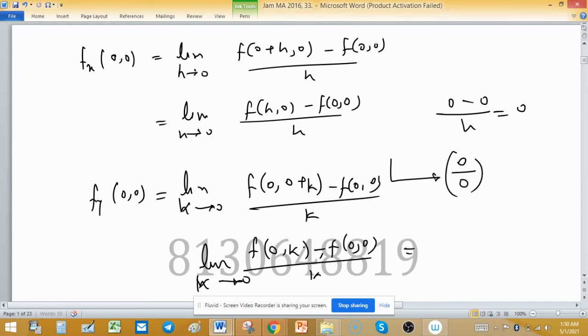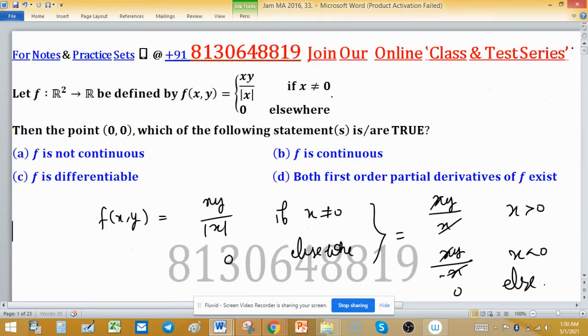And again, k tending to 0 means the x coordinate is 0. The x coordinate is 0, so 0 minus 0 divided by k. So again we obtain the limit 0. It means the partial derivative exists at (0, 0), and also the function is continuous. So options B and D are true.